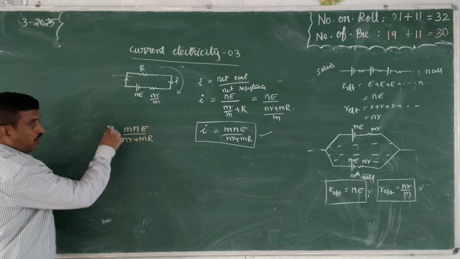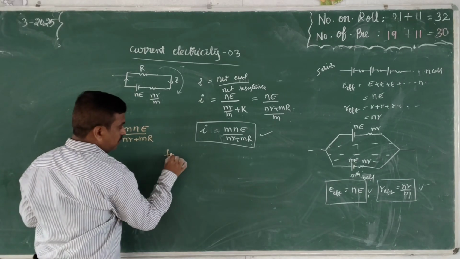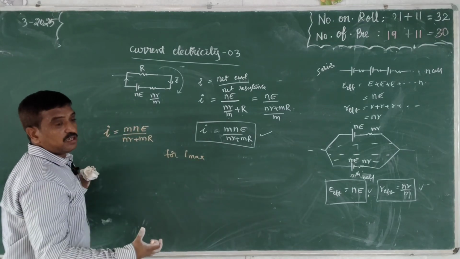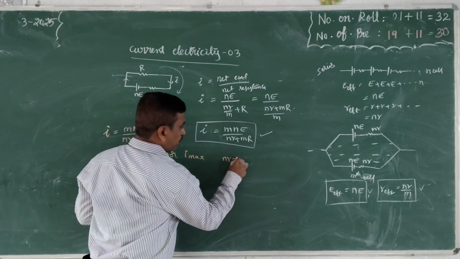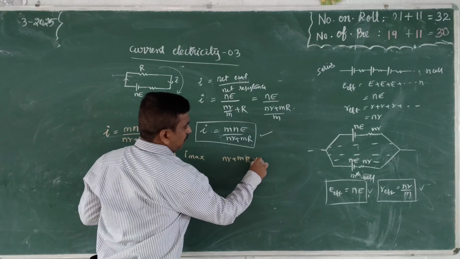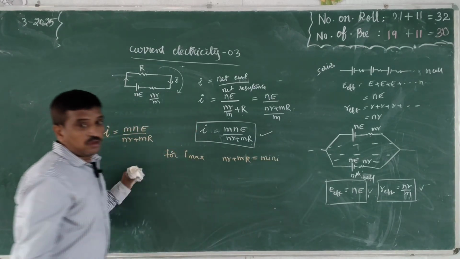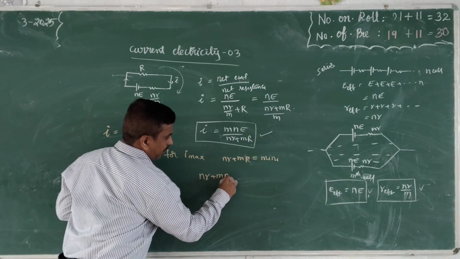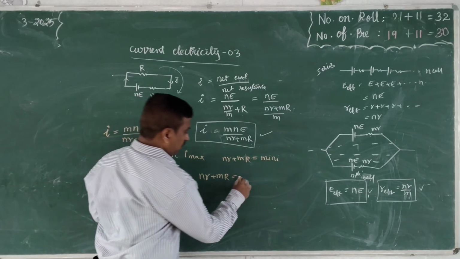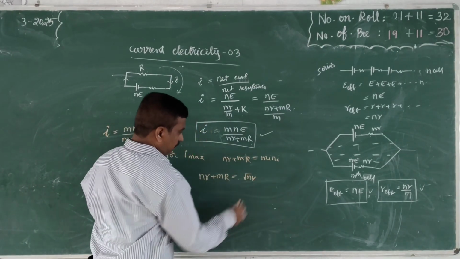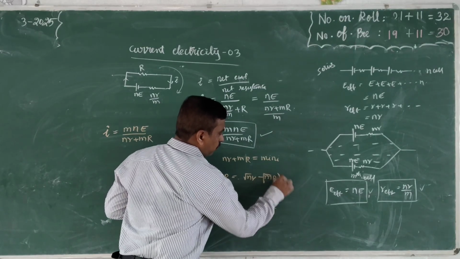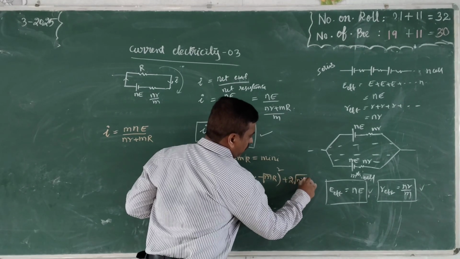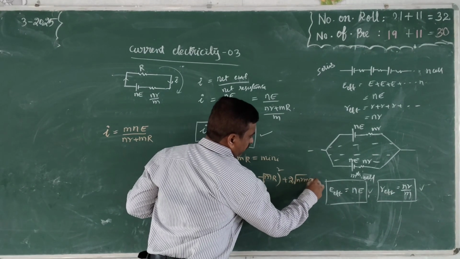So that's why, since we want maximum current, we consider the denominator as the minimum value, n r plus m R. We can write it as root of n r minus root of m R whole square plus 2 root of n r m capital R. Like this we can write.